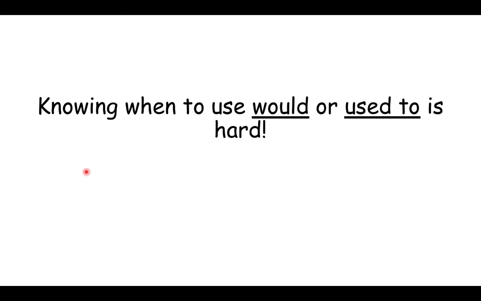Knowing when to use "would" or "used to" is hard. It's really, really hard to know when to use them because it's hard to know the difference when you're learning English. So like I said, the big one that you need to remember when you're talking about the past is simple past.